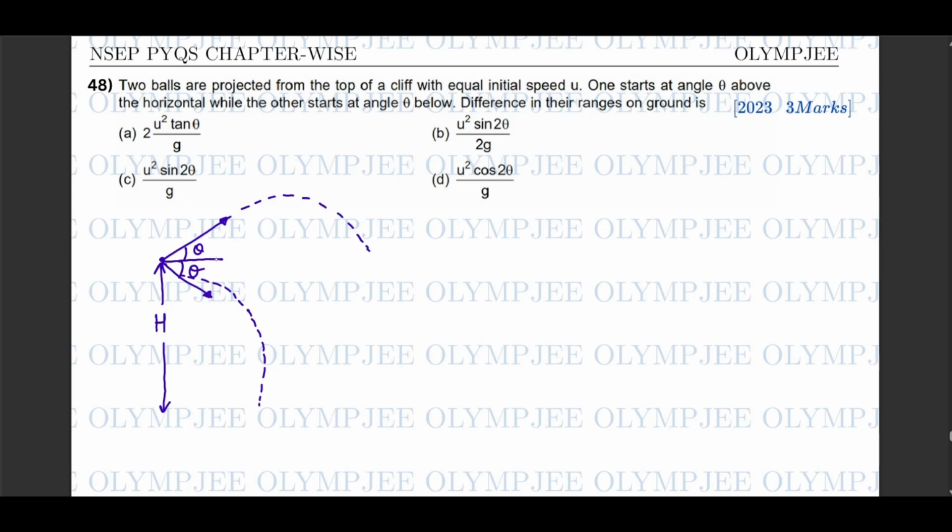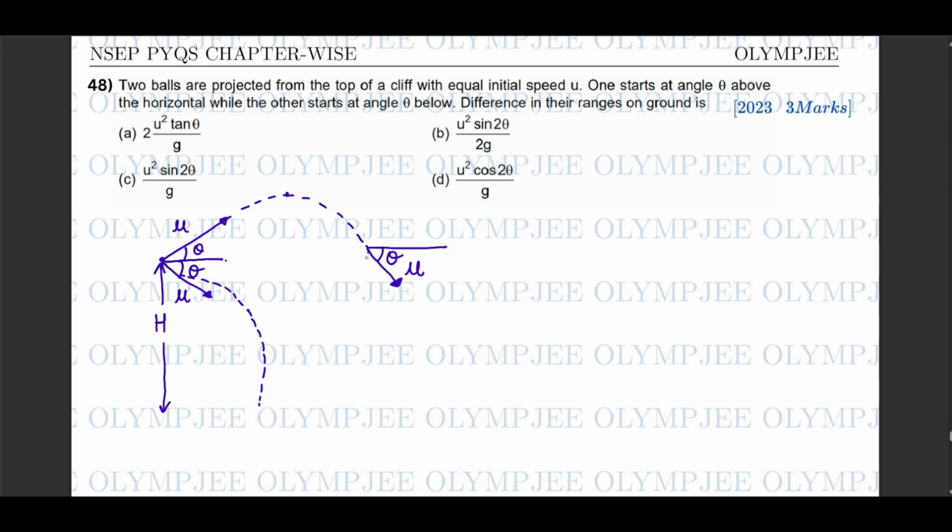So once it reaches the same level as the initial level, it will start moving with u, and this was also moving with u. It will start moving with u with theta below the horizontal. We know this from projectile motion and it can be easily proved because the Vx component will remain the same, and here the vertical velocity was 0 and the gravity will make it equal to the initial vertical velocity but change the direction.